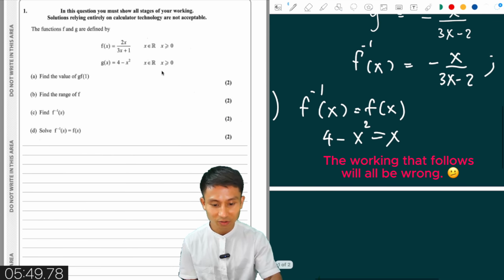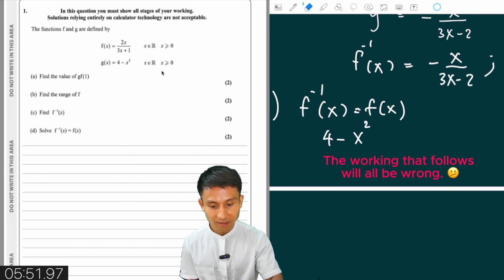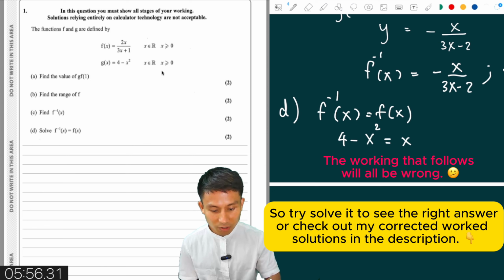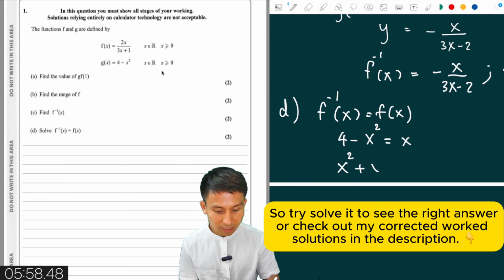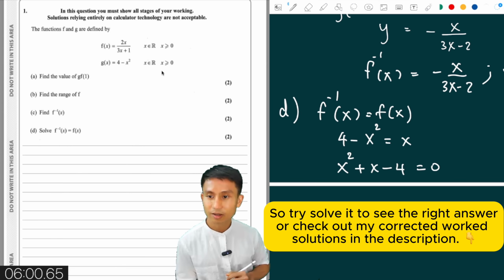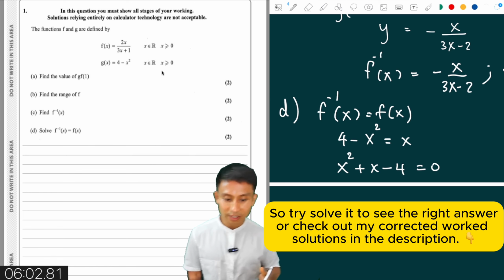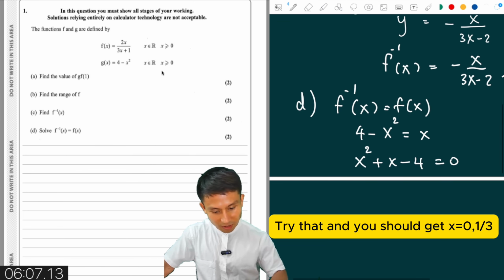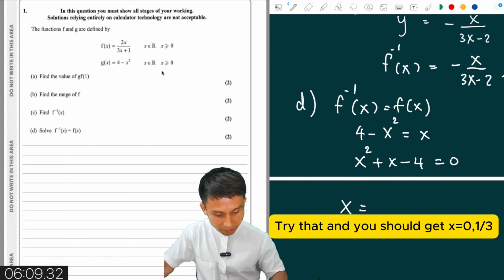Because it's quadratic, I don't need to do anything much after that. So I'm just going to start with that. And then rearranging, I guess, x squared plus x minus 4 equals 0. I can just solve this using a calculator, right? But I'm just going to do the quadratic formula first.